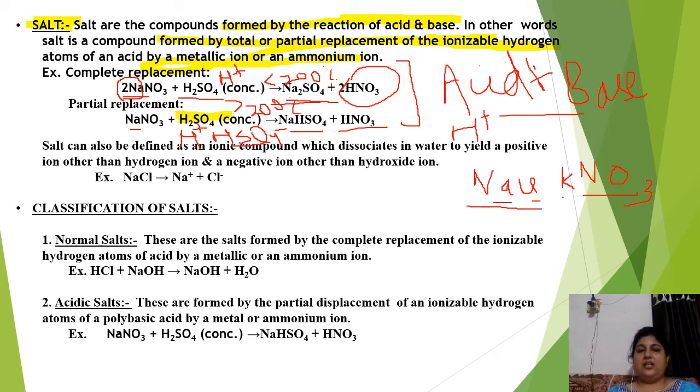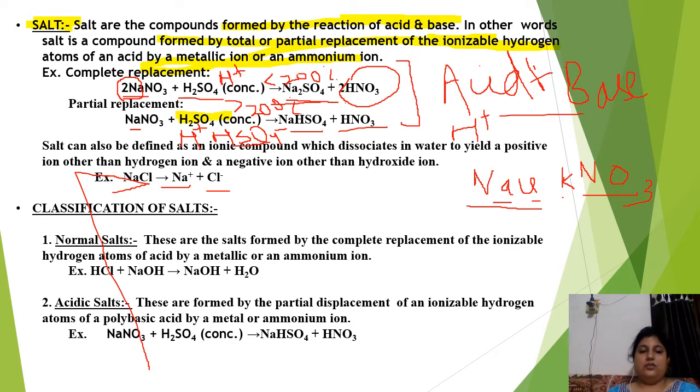So these are compounds which result in the formation of positive and negative ions. This positive ion can be anything except hydrogen, because if there is hydrogen then it will result in the formation of acid. So the positive ion should be any metallic ion. ठीक है.